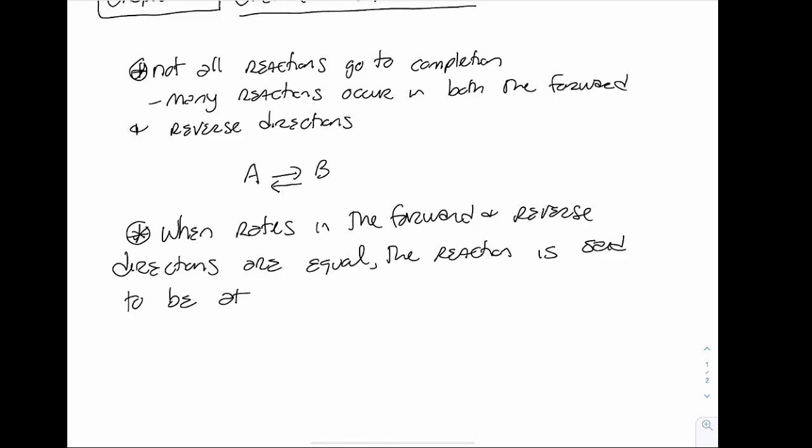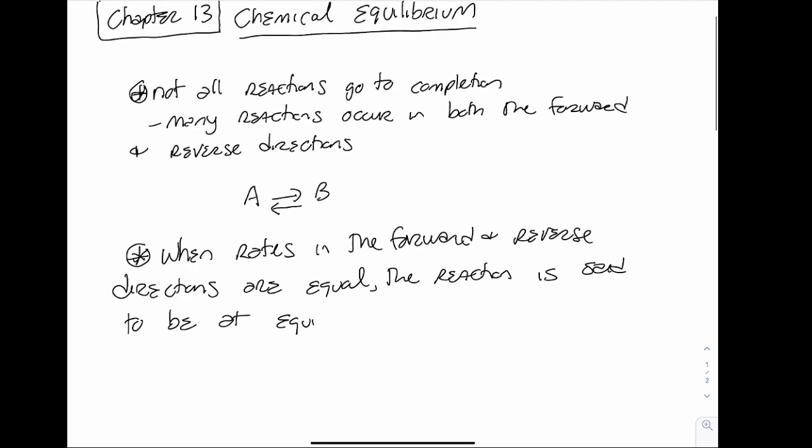Abbreviated EQ. So often I'll just use an EQ for equilibrium. So again, really important, right? The rates in the forward and reverse direction are equal, then we're at equilibrium. So just because it's reversible doesn't mean we're at equilibrium. Those two rates would have to be equal.